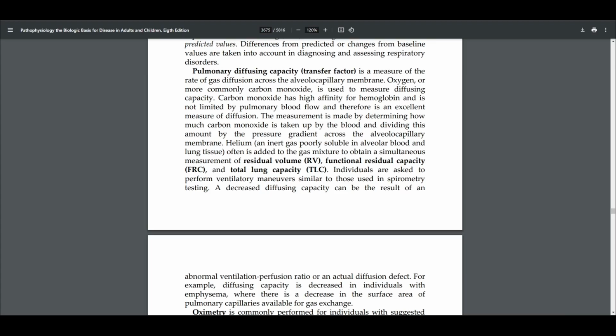Helium often is added into the gas mixture to obtain a simultaneous measurement of residual volume, functional residual capacity, and total lung capacity, that RV, FRC, and TLC. Individuals are asked to perform ventilatory maneuvers similar to those used in spirometry testing.